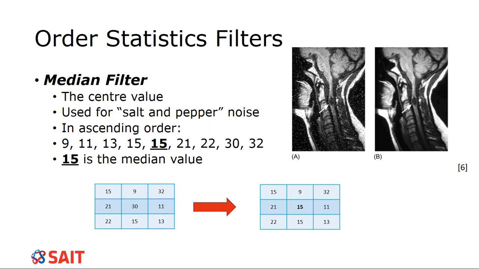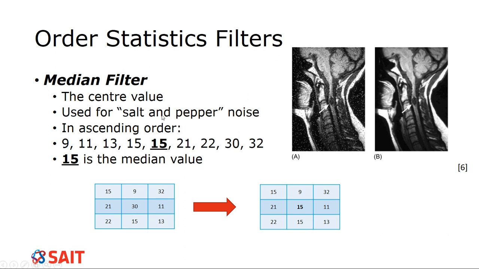Then we get into order statistics filters. These still fall under spatial statistics. The first one is a median filter. The reason we would use a median filter is that we can remove extremes. You can see salt and pepper noise here, with the black and white specks all over the image.